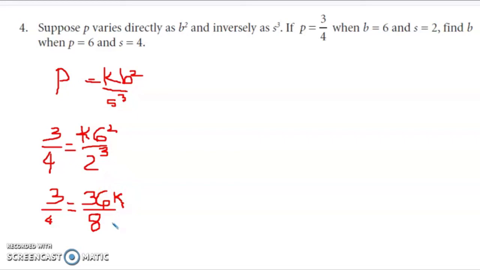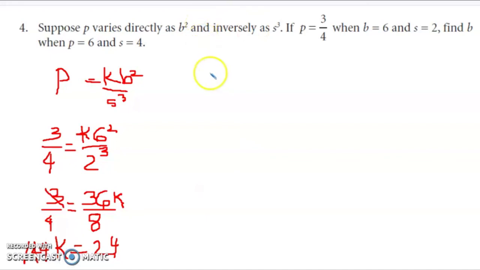Now, I can divide this by 2, but to make it more simple, let us now cross multiply. 3 times 8 is 24. So I will be writing 24 here equals 36 times 4 is equal to 144.